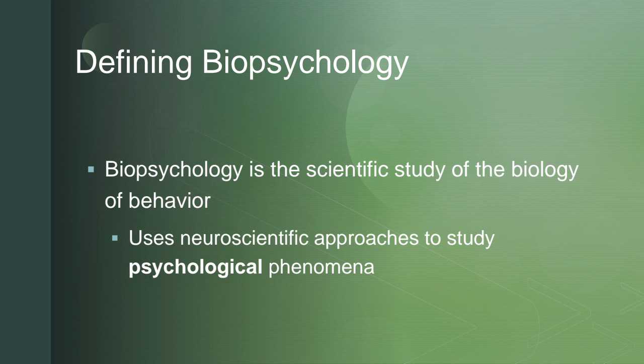But biopsychology is a scientific study of biology and behavior, and the biology of behavior. So with biopsychology, this is a field that uses all of these neuroscientific approaches that I just listed in the previous slide, but it uses them to study psychological phenomena.